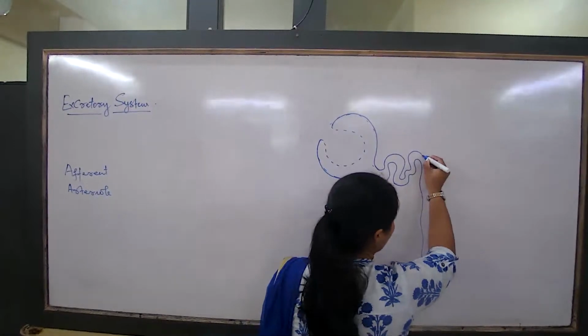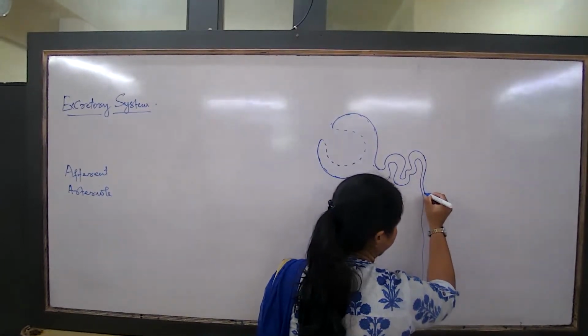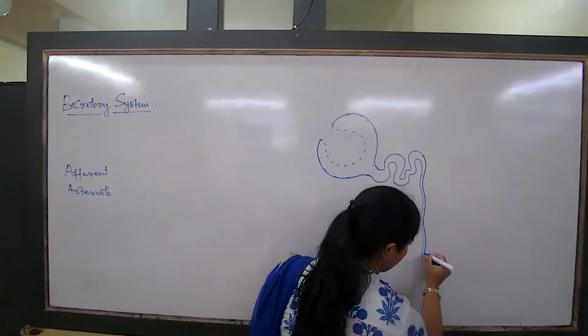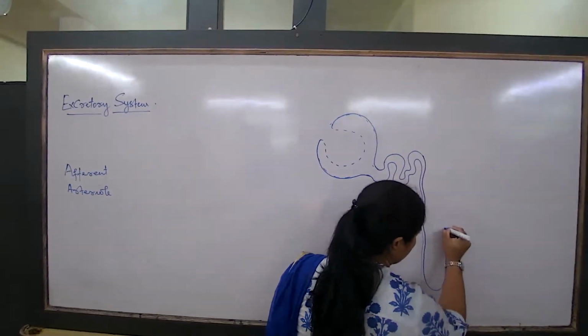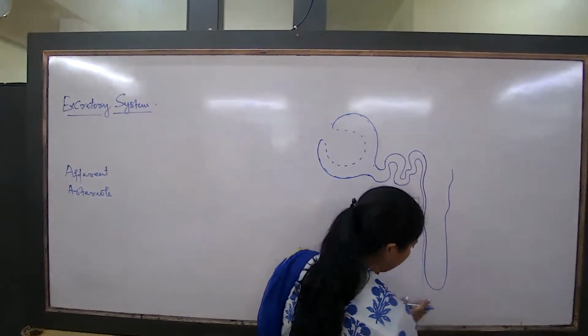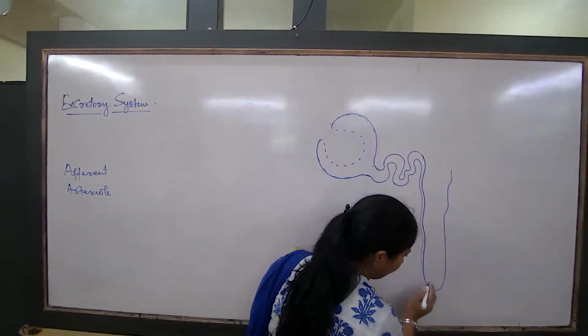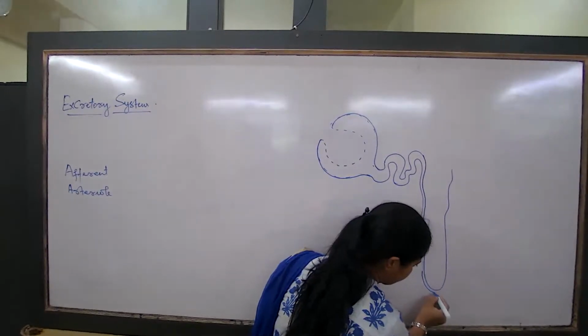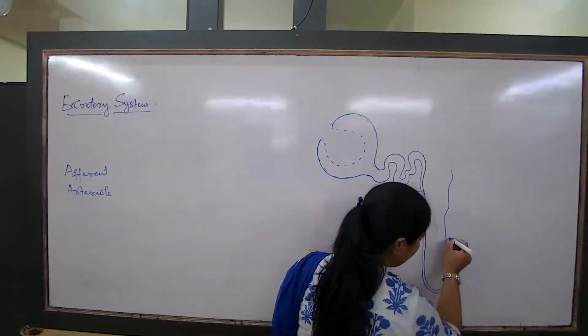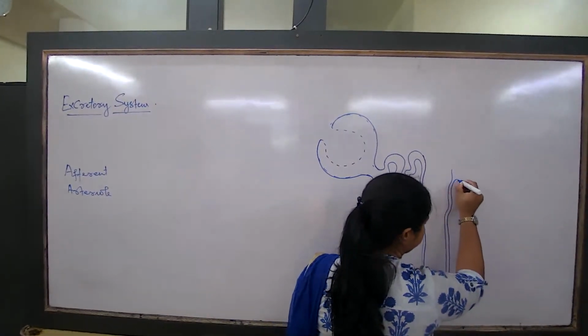For renal vein, you will have to write: carries blood away from the kidney.